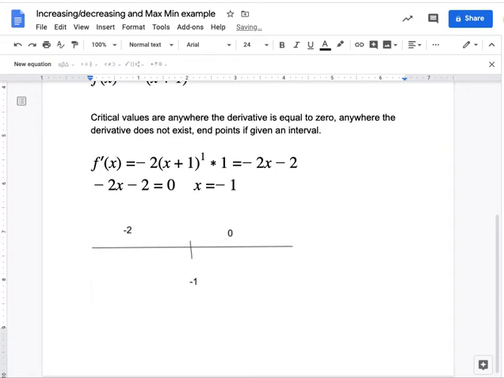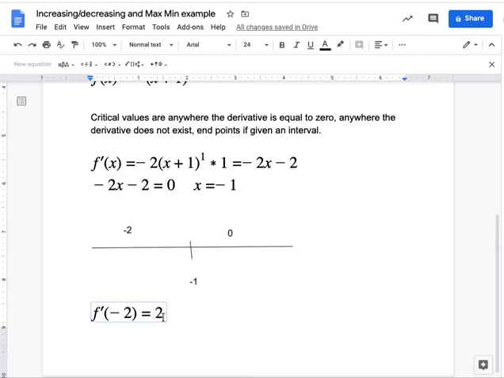We want to figure out what f prime of -2 would be equal to. Well, plug -2 into your function. -2 times -2 is +4. +4 minus 2 gives us a +2 as a result.